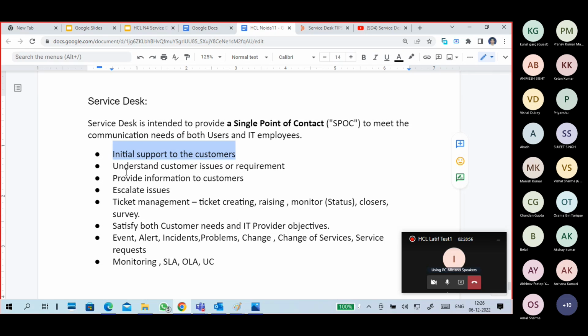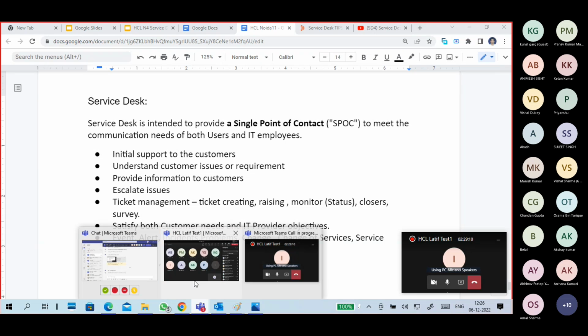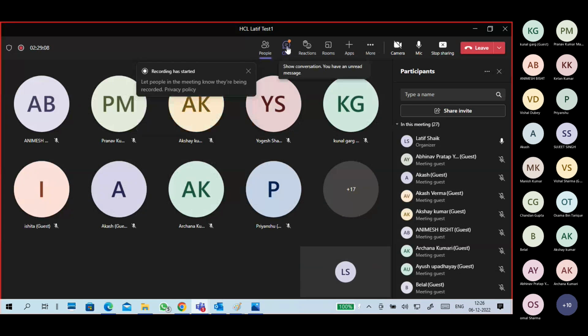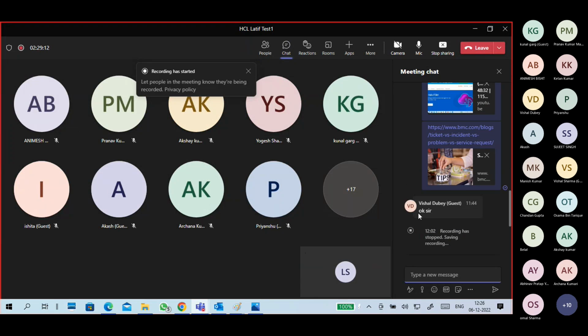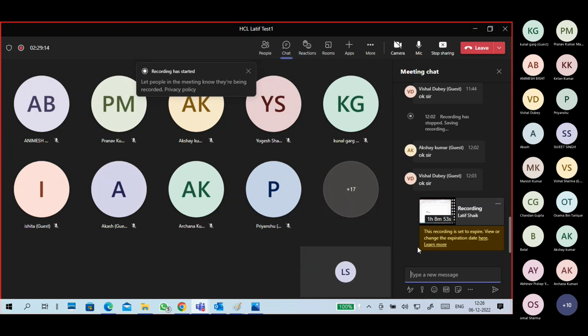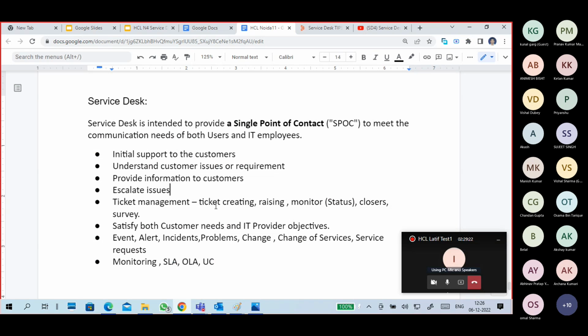Like that, basic initial support to the customer, and create a ticket, manage the ticket, raise the ticket, meaning escalate the issues. There's some problem with the internet or an application, and we'll see.